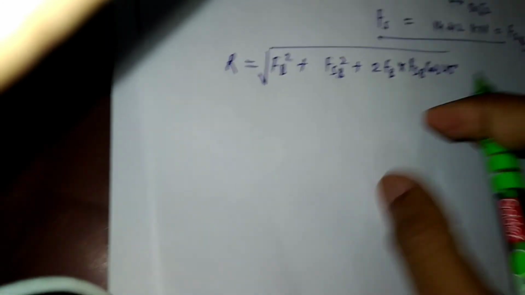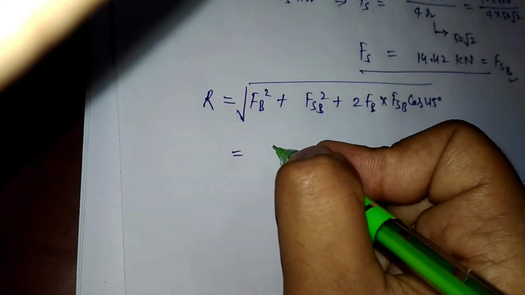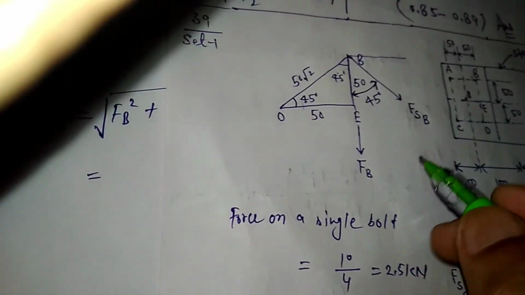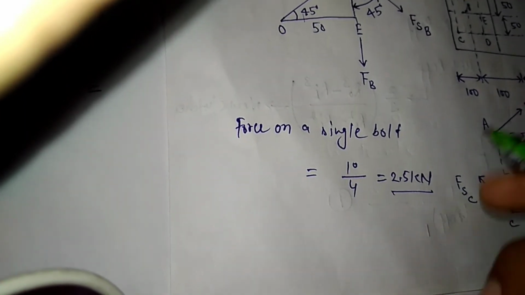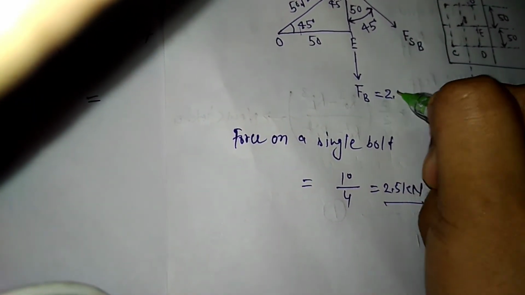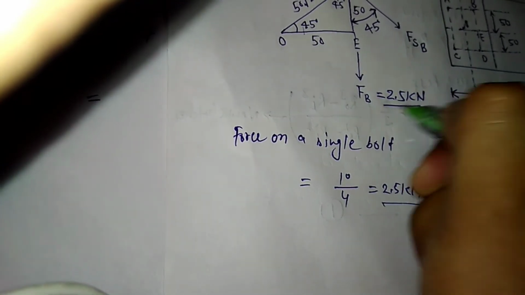FB is the primary force on bolt B, which is 2.5 kilonewton.